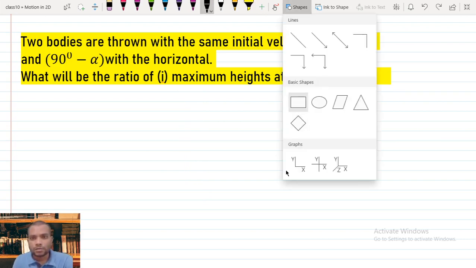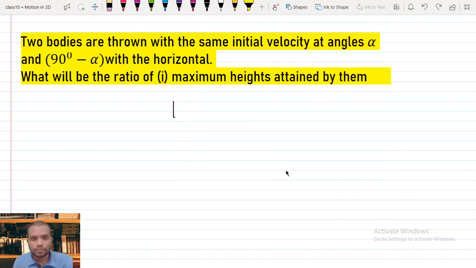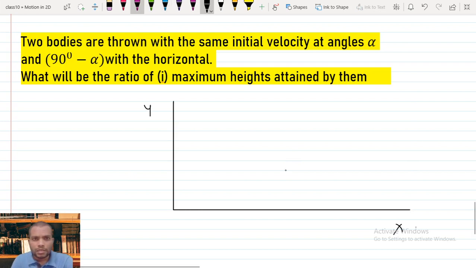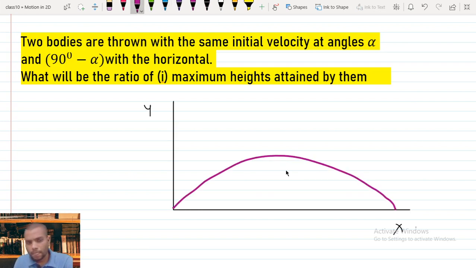Let me draw a quick diagram here. So this is the x and y plane. A projectile is projected with two angles. Now it is projected with an angle alpha with the horizontal.